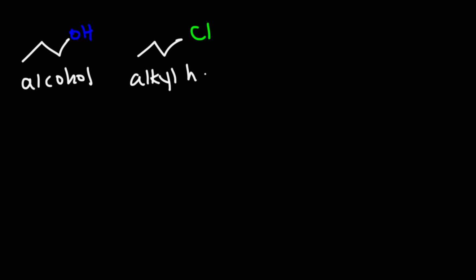Now we know this is an alcohol. And we know this is an alkyl halide, specifically an alkyl chloride. You could have alkyl bromides, alkyl fluorides, alkyl iodides, but this is an alkyl chloride.